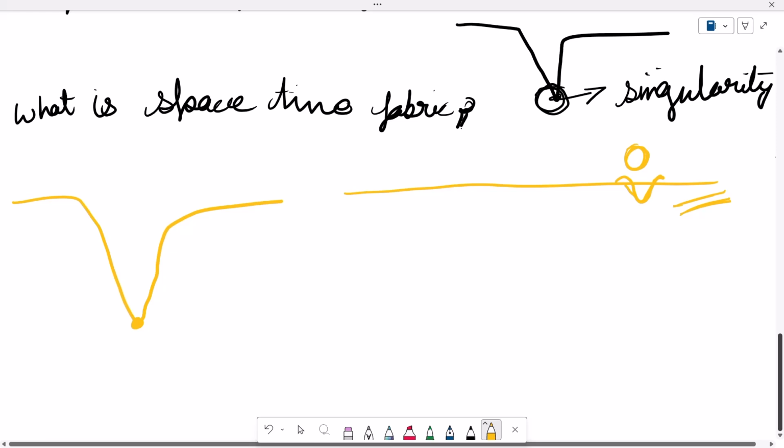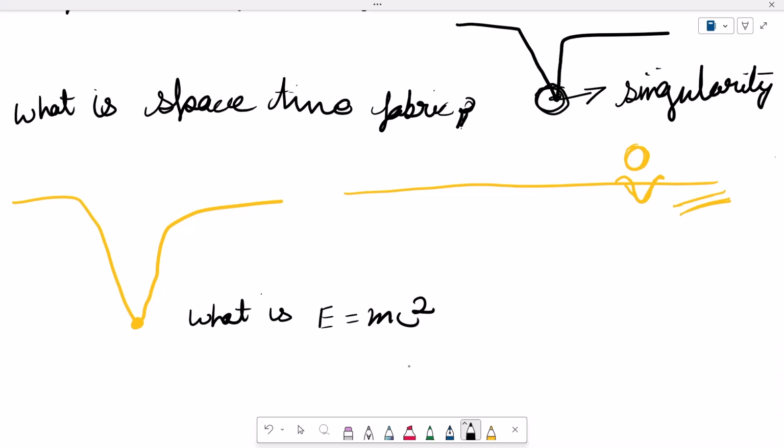Now let's talk about another formula, E equals mc², which means energy is equivalent to mass. What is E equals mc²? E stands for energy.